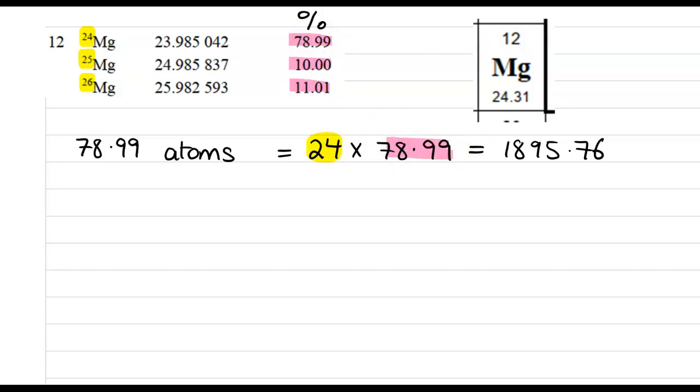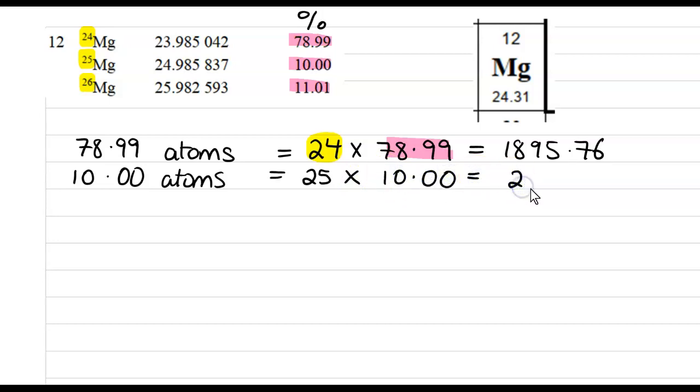The next one then is 10 atoms. I'm just calling these atoms, you could call it a percentage either, of 25 mass, and I have 10% of those, so I'm multiplying by 10, so that's 250 they would have as a total mass.